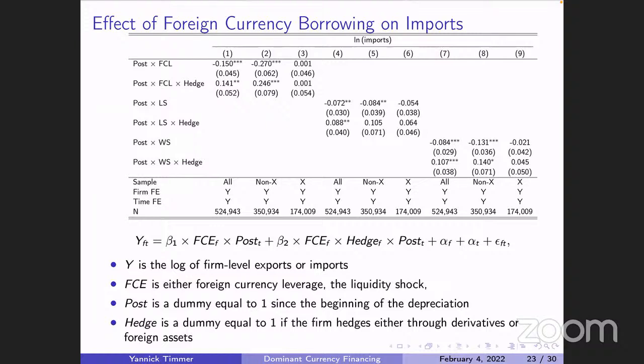We see that firms that do not hedge their currency risk contract imports much more strongly if they have more foreign currency borrowing than if they don't. However, once firms hedge, this effect is mitigated strongly, even to an extent that it completely offsets the negative effect on imports if you have more foreign currency borrowing.